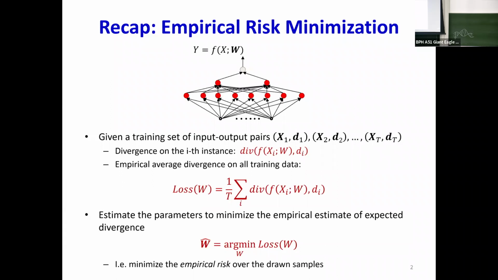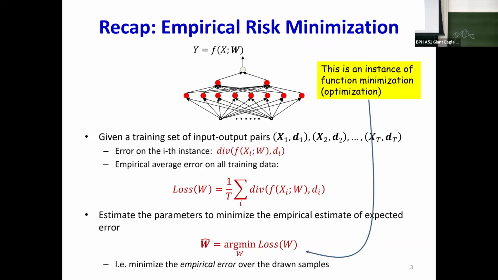And so this is what? So we define our loss, which is the average divergence, so the average error, across all of the training samples. And this is what we will minimize. And we hope that if we can squish these errors down to 0 at all of these locations, the network function will end up modeling the function that we want. So we are going to be minimizing the empirical risk over all the training samples. This is empirical risk minimization, right?